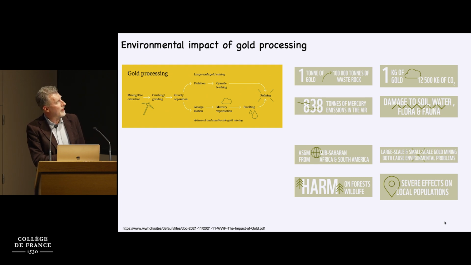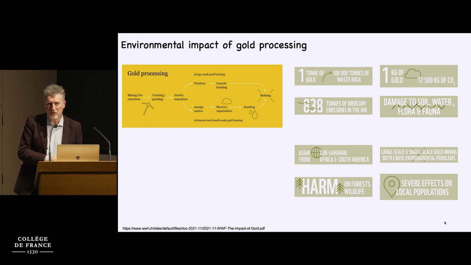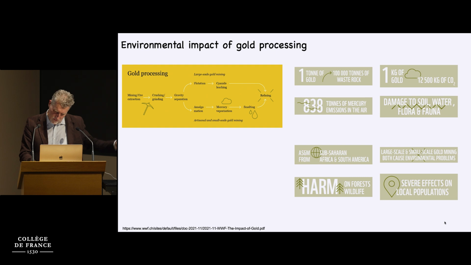And of course, I have the data for mercury. If you extract 1 ton of gold this way, you end up with 800 tons of mercury vapors in the atmosphere. So imagine the impact this has on soil, fauna, flora, and so on.